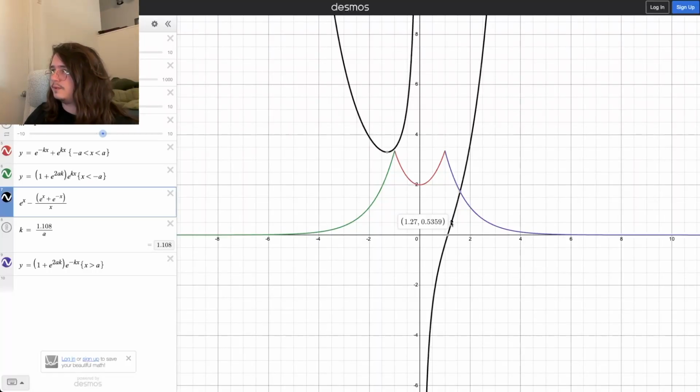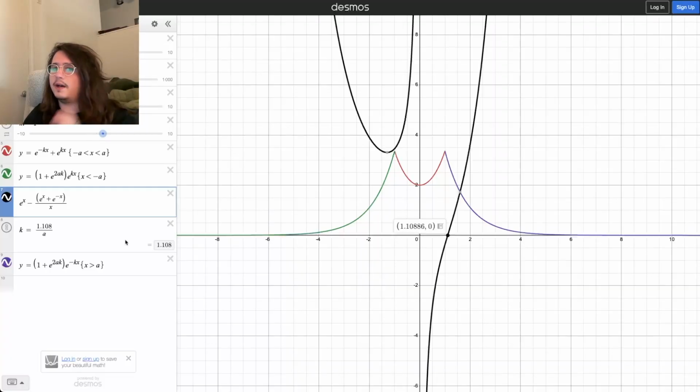And this black line represents that equation, and its solution at y equals 0 is the value of k, and then you divide it by a. So that's what I wrote down here.